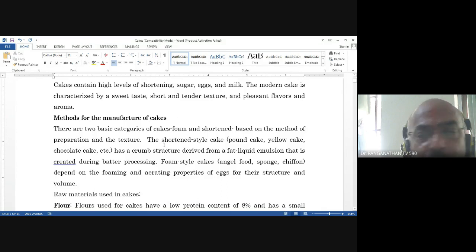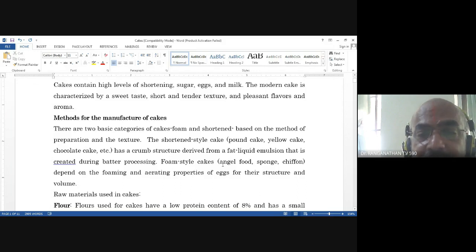Both fat and sugar prevent gluten formation and extension. So the chocolate cake or a pound cake has a comparatively higher amount of fat and a higher amount of sugar as compared to the foam style cakes.